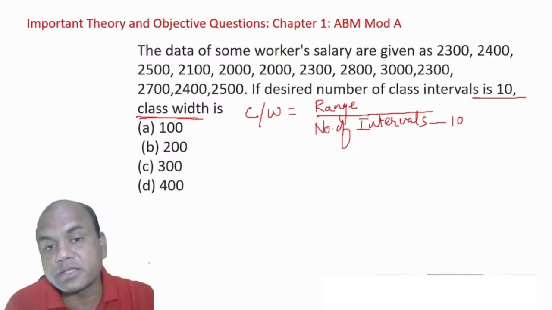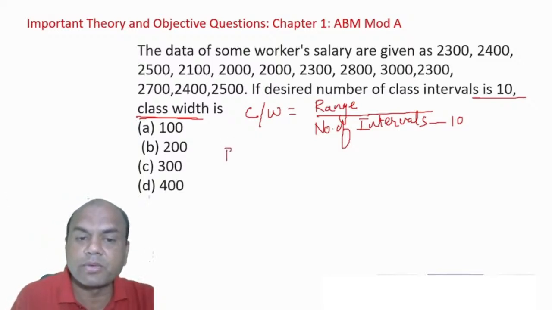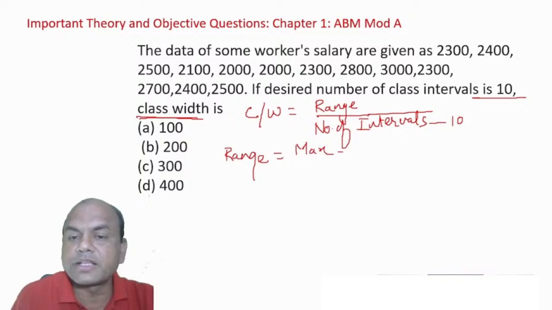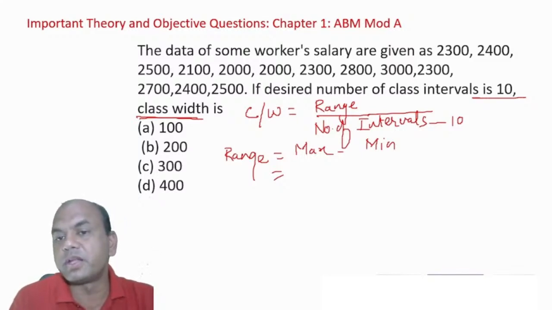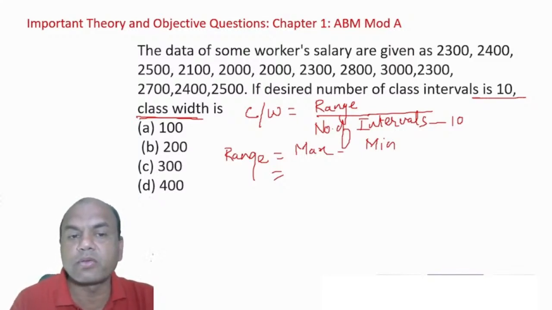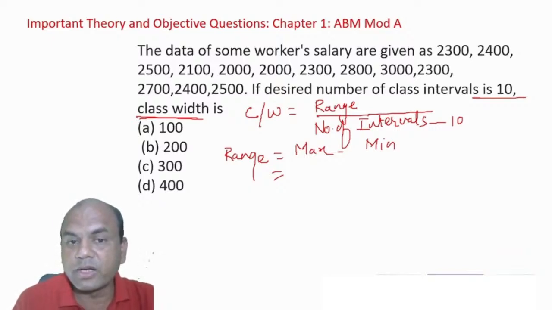Always remember, range equals maximum number minus minimum number. What is the maximum number over here? 2300, 2400, 2500, 2000, 2300, 2800, 3000, 2300, 2700, 2400, 2500. 3000 is the maximum number, isn't it?